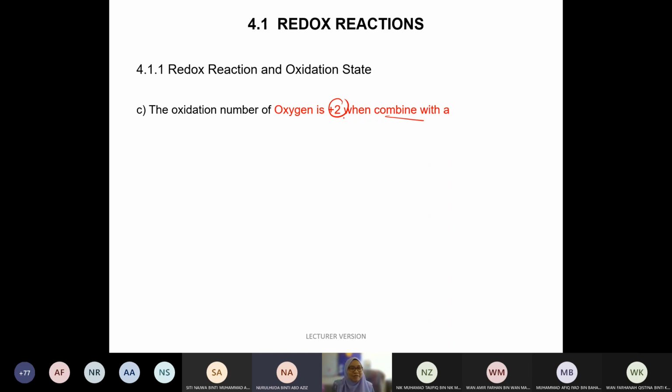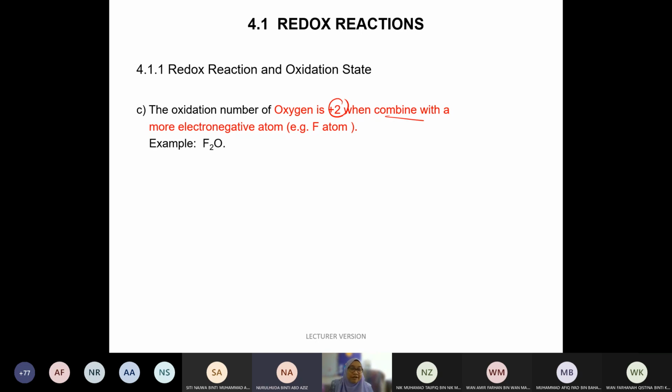Kalau dia terpaksa jadi positif, as we know, fluorine, oxygen, nitrogen, these are the 3 most electronegative atoms. Okay, kalau based on ranking, fluorine is most electronegative, followed by oxygen, followed by nitrogen. So kalau dia terpaksa jadi positif 2, that means dia kena combine dengan the most electronegative atom, which is fluorine.